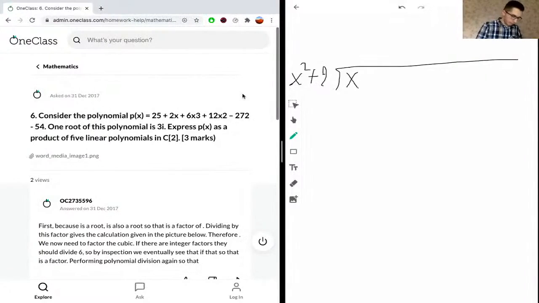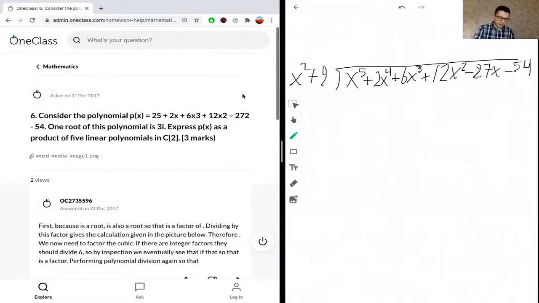So we have x to the power 5 plus 2x to the power 4 plus 6x cubed plus 12x squared minus 27x, and then finally minus 54.